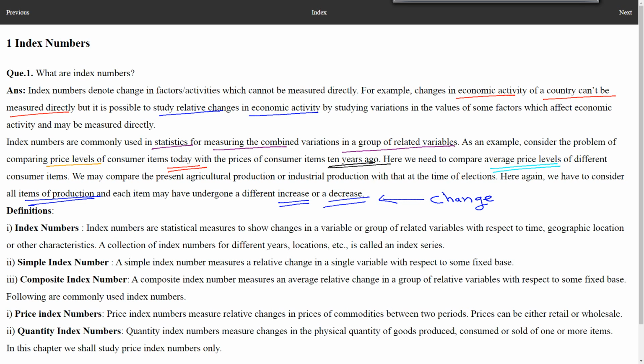Let us see the precise definition of index numbers.